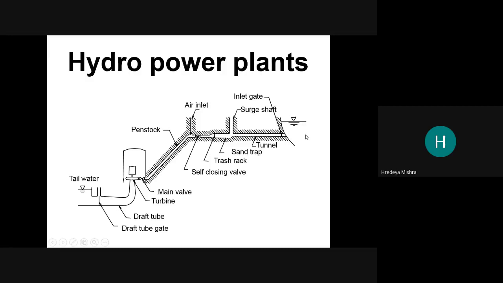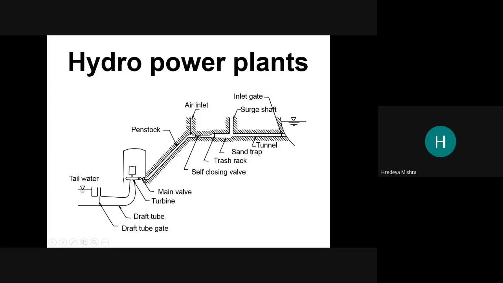We can reserve, means stop the water here, to increase the pressure energy of the water. Okay, after that water is inserted into the tunnel, and this is our surge shaft. Now it is a standpipe, so the water flows out here, and this is the air inlet.